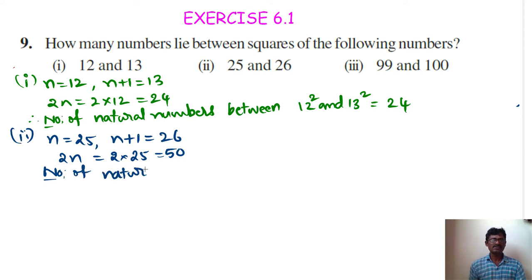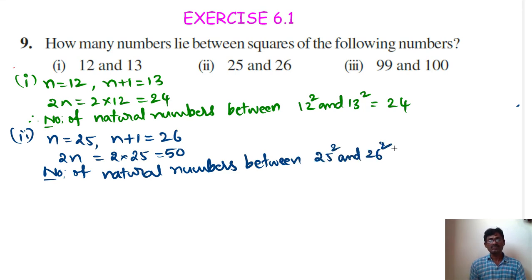Now let us take the third one, that is 99 and 100.